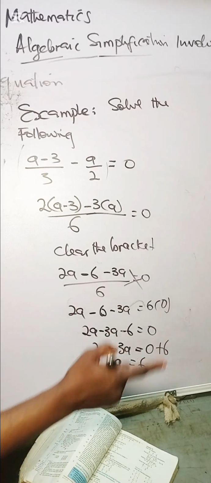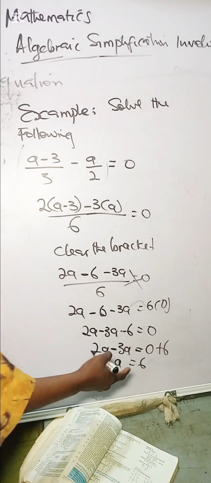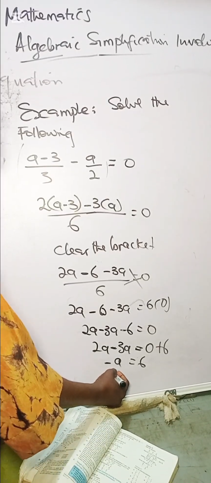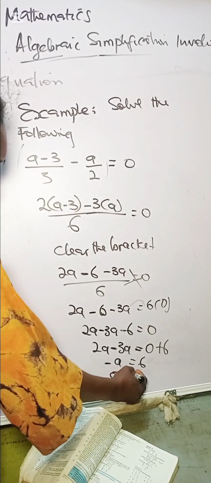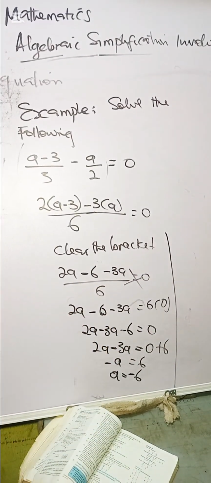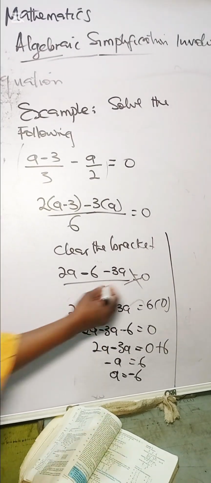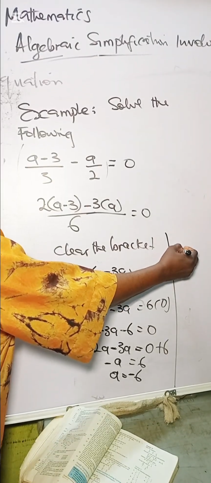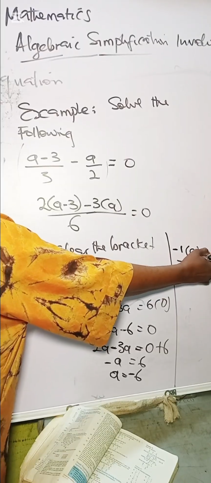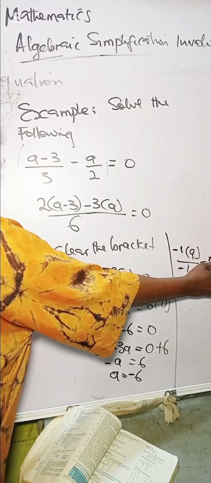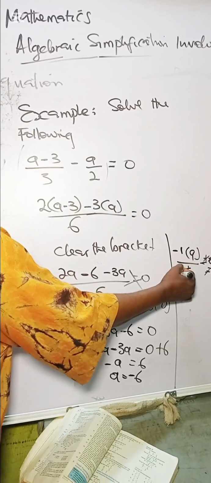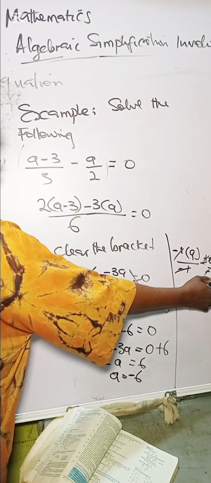So if you divide both sides by minus 1, you will now be having that a is equal to what? Minus 6. a is equal to minus 6. In case you don't know how to divide by the invisible coefficient, since the coefficient is minus 1, minus a divided by minus 1 all equal to 6 divided by minus 1. So minus cancels minus, and plus divided by minus is what? Minus. So a is equal to minus 6.